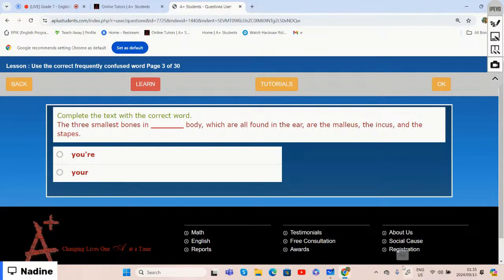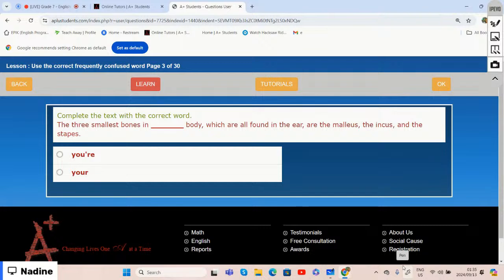All right. So the three smallest bones, do you say in your or you're body, which are all found in the ear and are the malleus, the incus, and the stapes?